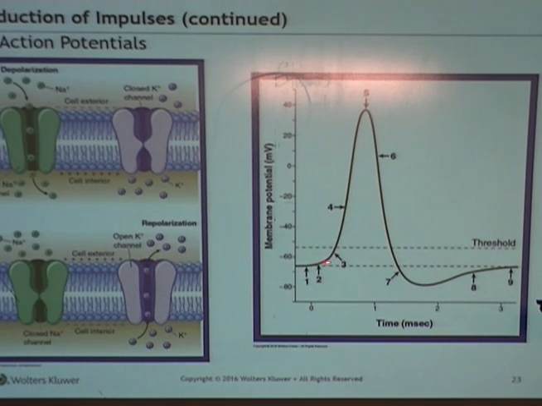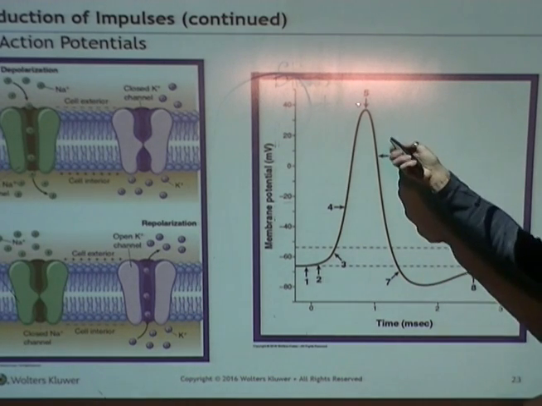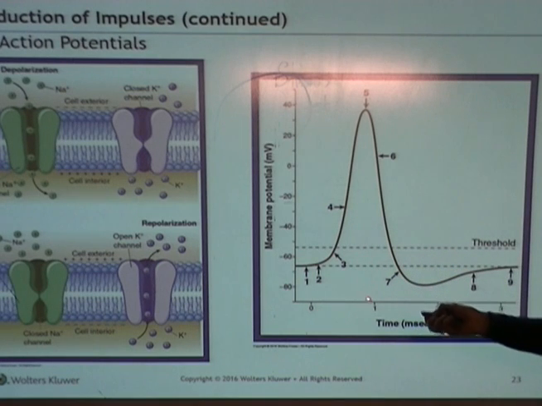Then we depolarize. When it depolarizes, in this example, it goes up to almost 40. So from -70 to 40 millivolts. But this is the thing that's shocking. Look at that. 1 millisecond. Just under 1 millisecond for that massive swing in charge.